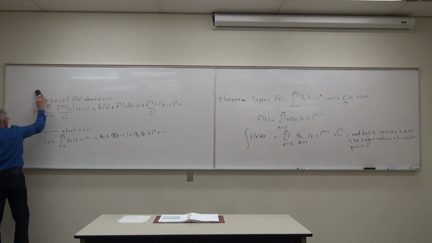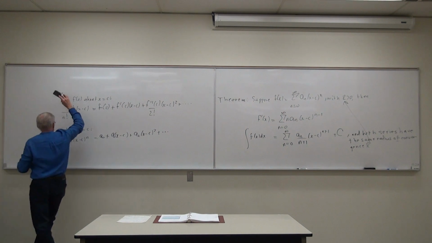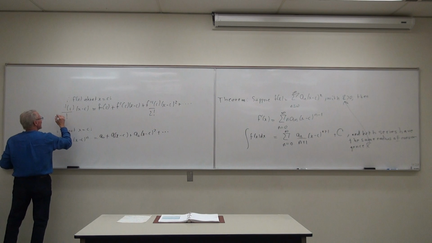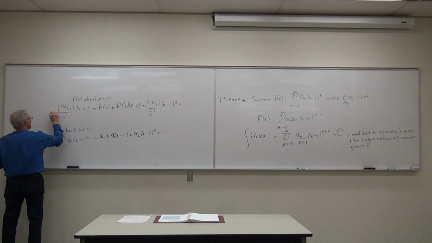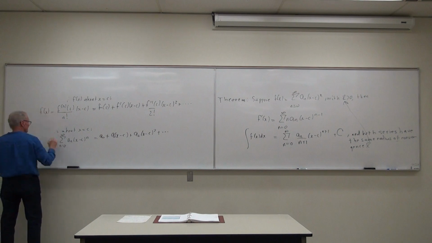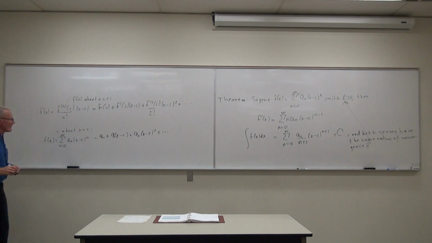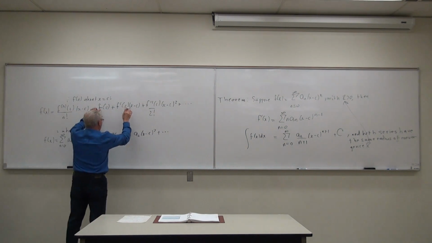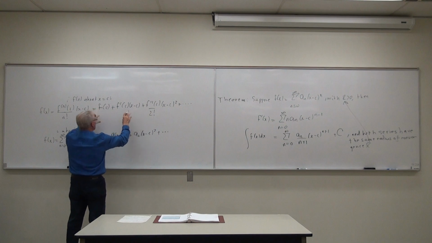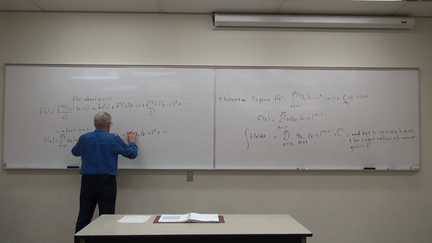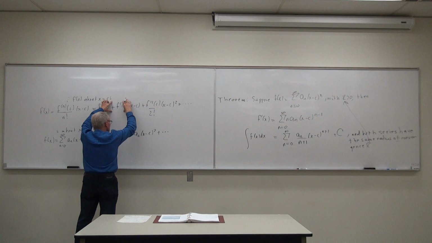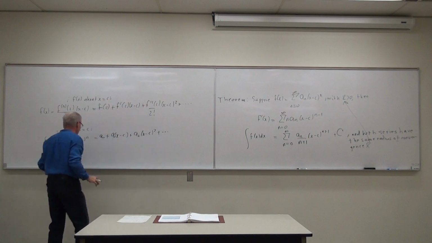I can now use this theorem. I want to now prove, we know that every Taylor series is a power series in x minus c. What we're wanting to prove here is that every power series is the Taylor series of itself.